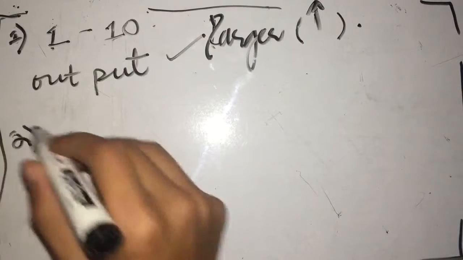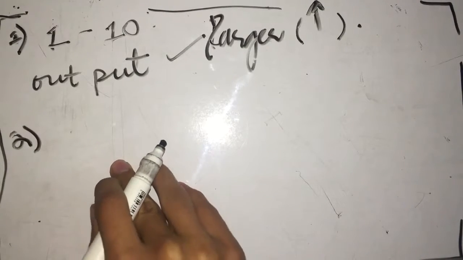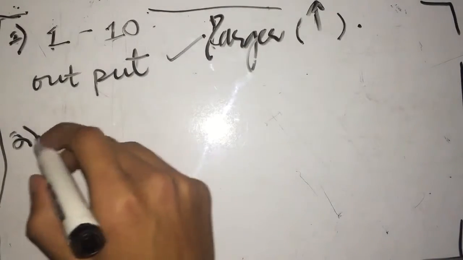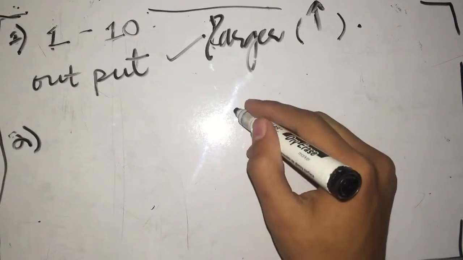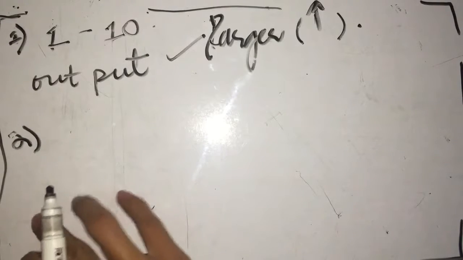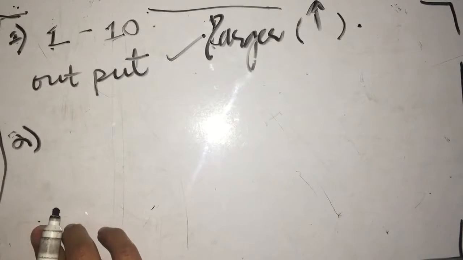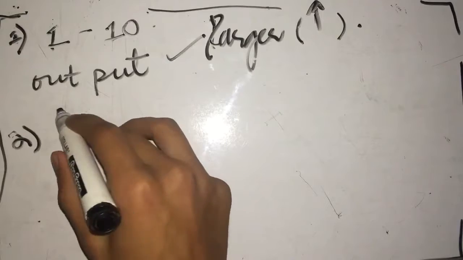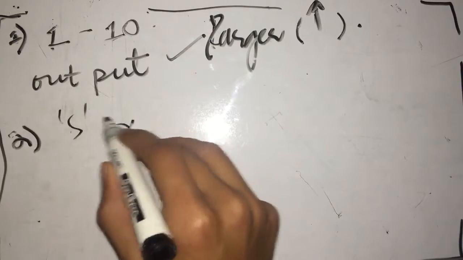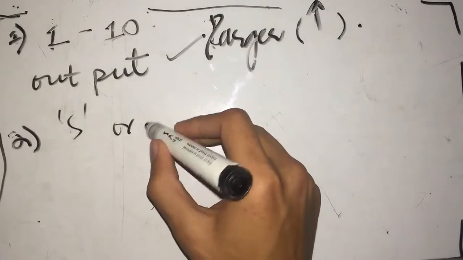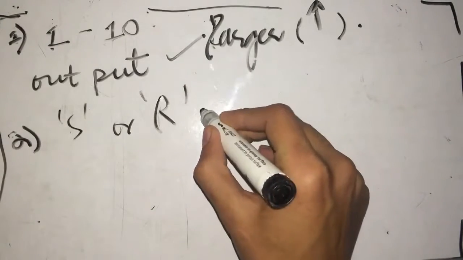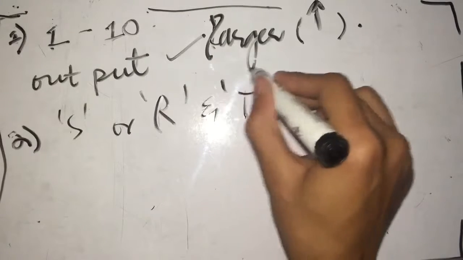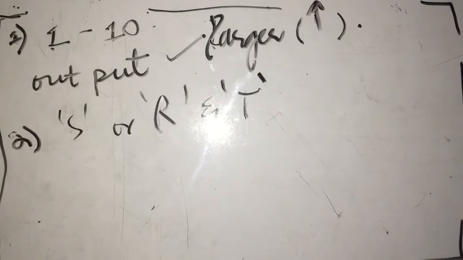The second one which we did in the class told us to make a custom function, a program which prompts the user to enter, for example, S for the area of a square, R for the area of a rectangle, and T for the area of a triangle.